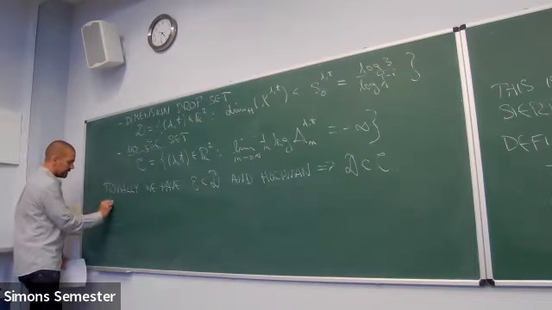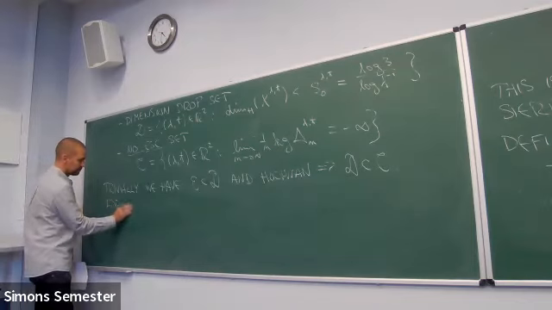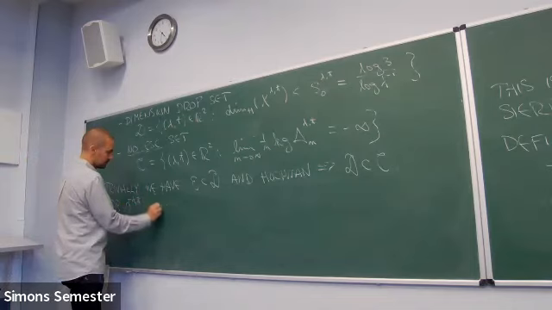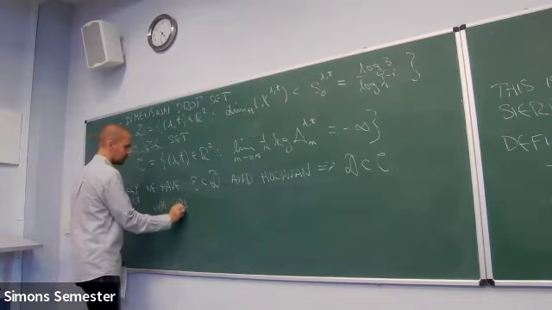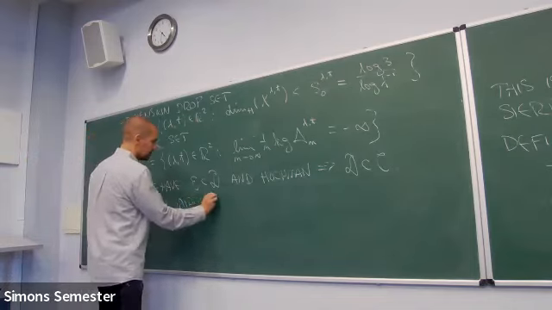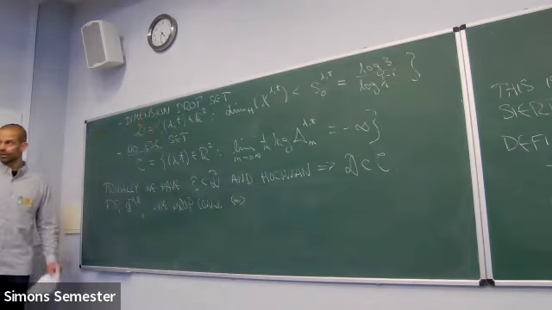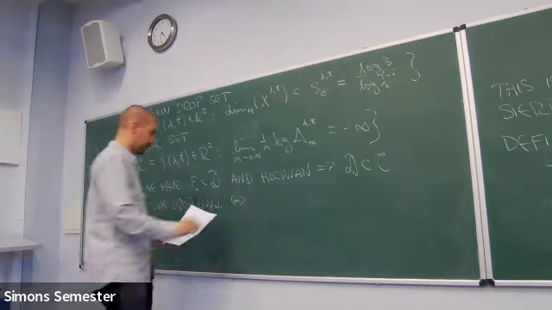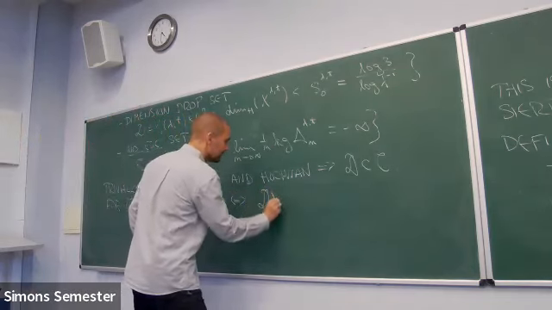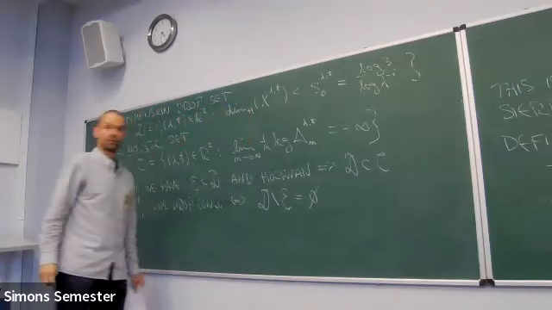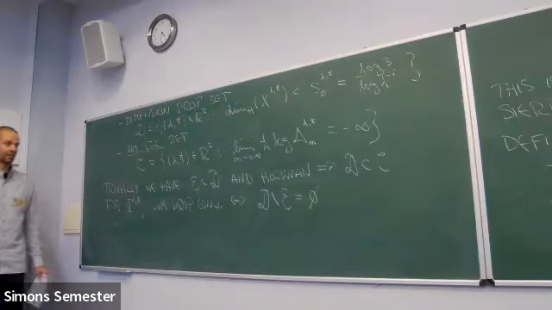So basically, in this class, the dimension drop conjecture is equivalent to D minus E being empty.